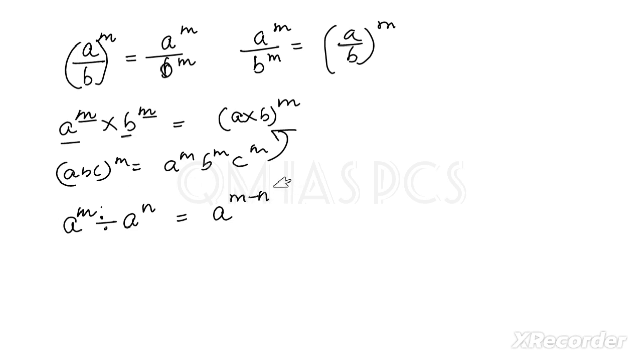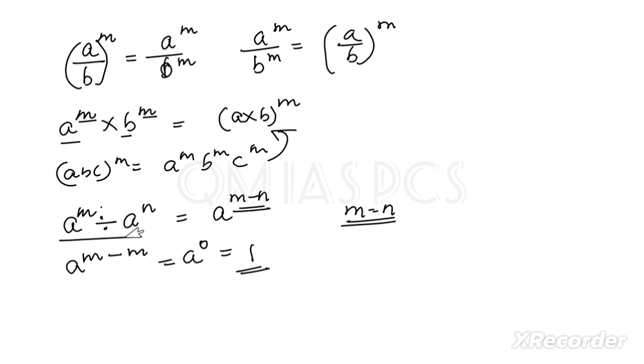That is the derivation we are going to do. When m is equal to n, what can be the possible result? We can say a to the power m minus m, that will be a to the power 0, so that will be 1. Why is it 1?